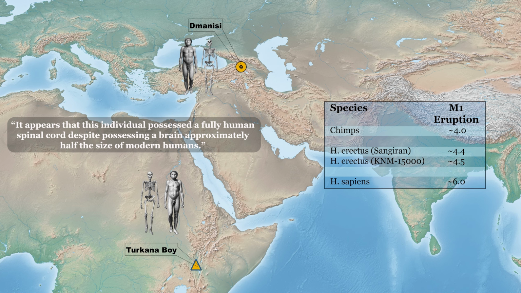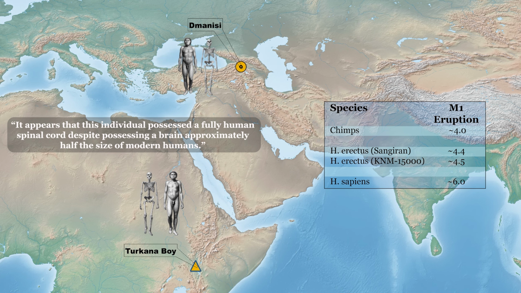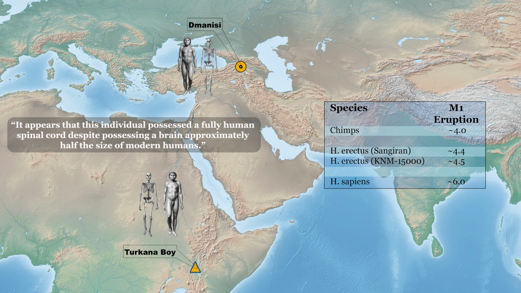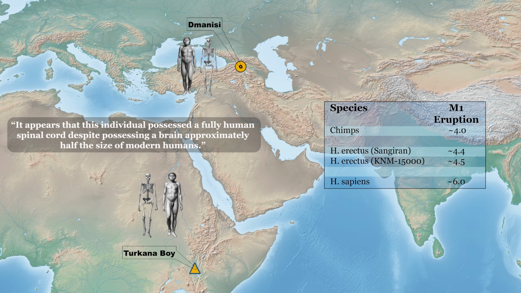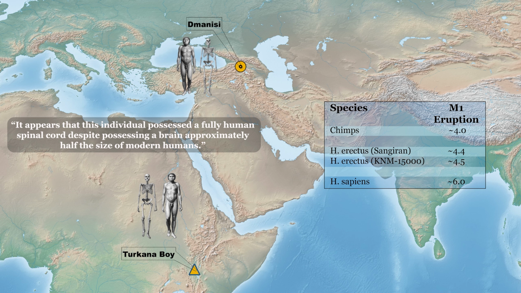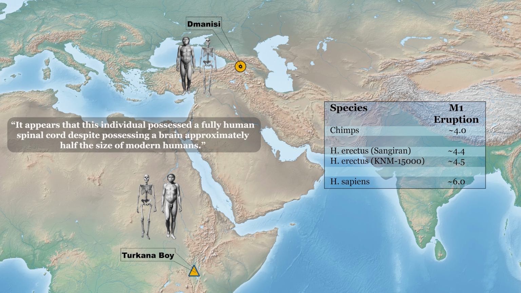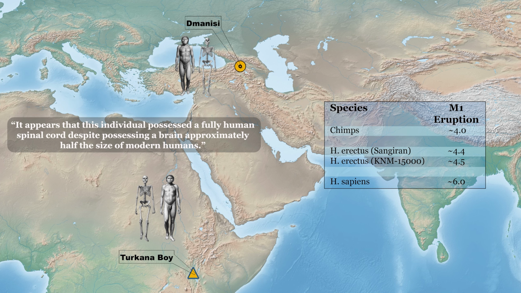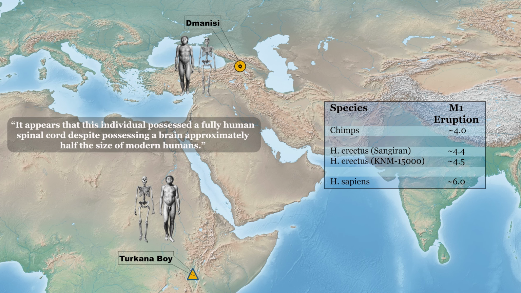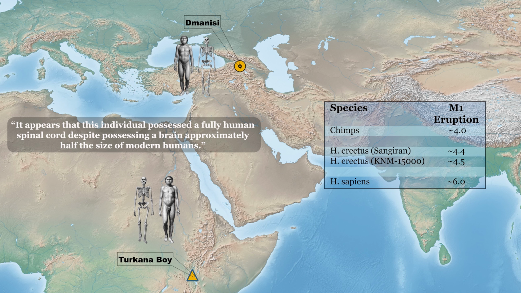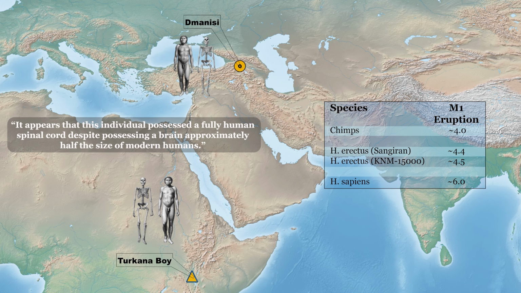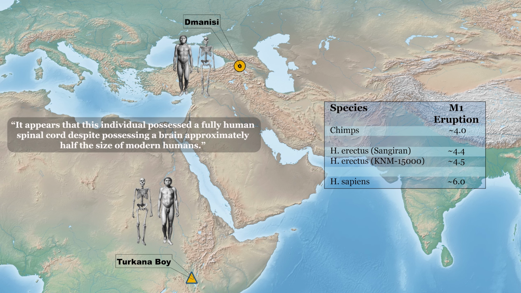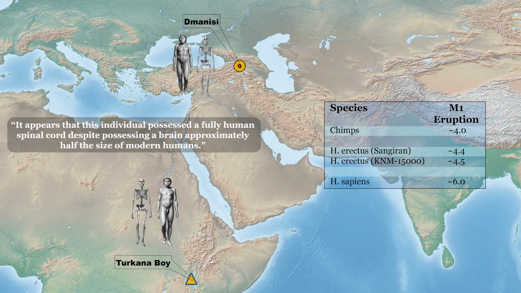But on top of that, the next question becomes, what are the benefits of having a larger spinal cord? And in this paper, the researchers point out that an enlarged spinal cord increases the amount of nerves that can be terminated and interconnected with the spinal cord. The authors of this paper argue that it's the abdominal wall muscles, and the result is that Homo erectus had better breathing coordination.